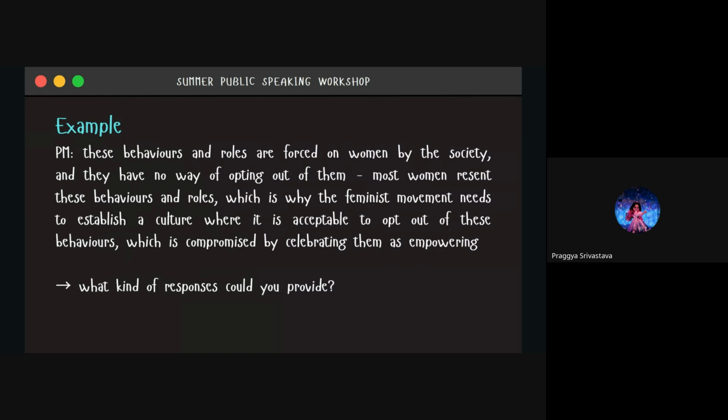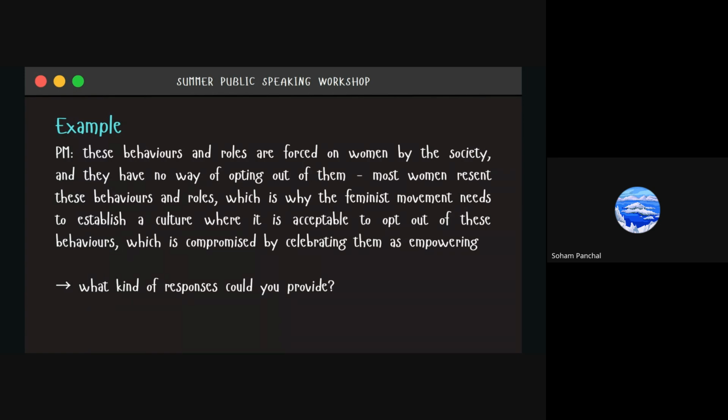That is what the house means, no? Yeah, as you mentioned, the tomboy behavior as empowering. The house opposes the statement the feminist movement tries to make, that showing tomboy behavior is empowering.